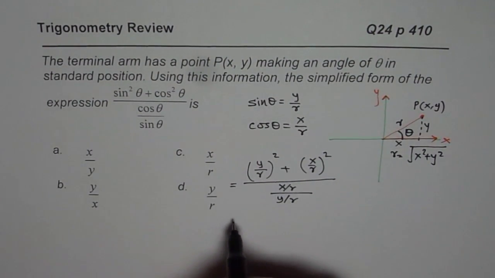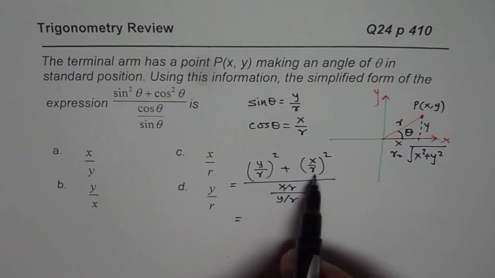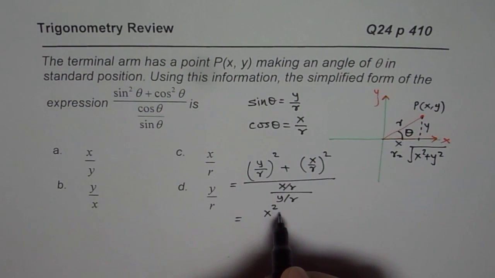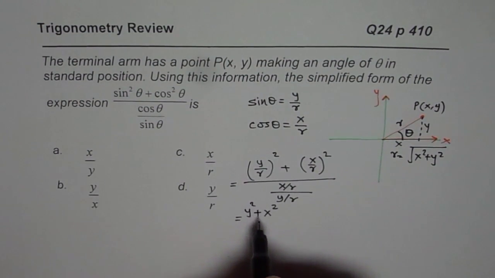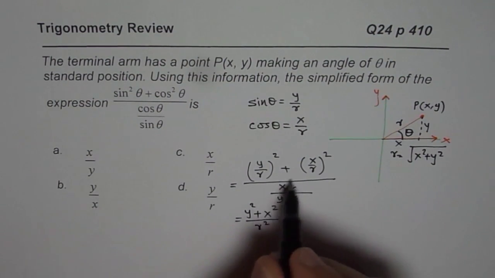Okay, let's simplify this a bit. The common denominator is r square, so we can add the numerators. We have y square plus x square over r square, right?